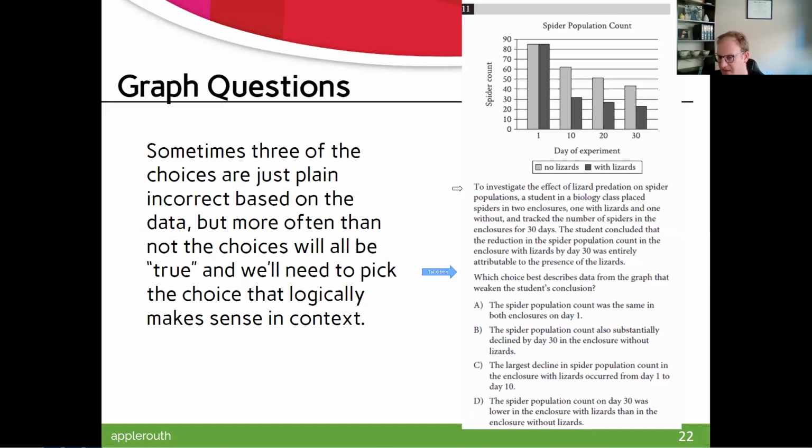So I'll read this to find the conclusion. And then you can go through the answers and evaluate them as you go, right? So like A, at the very least, is true. The spider population count was the same in both enclosures. In this case, it seems like all the answers are true. B says it declined by day 30 in the enclosure without lizards. That is true.